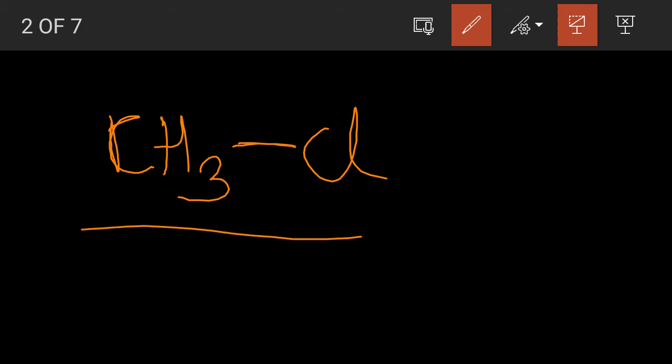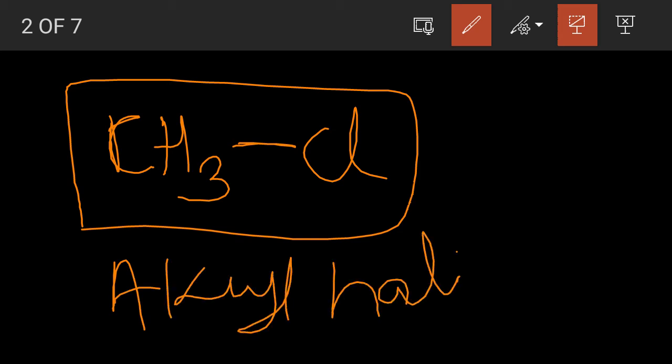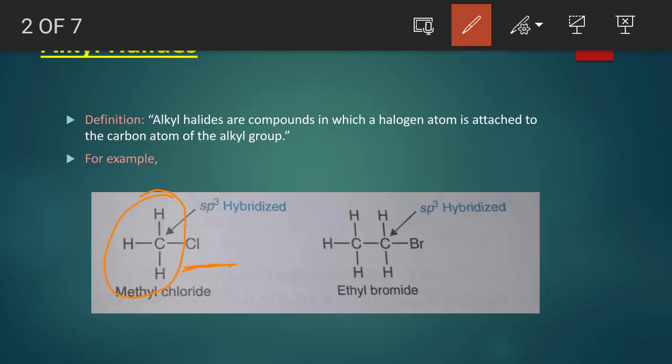Then this compound is called an alkyl halide. Look here, the methyl group is attached to the chlorine atom. That's why the name of this compound is methyl chloride. It is an example of alkyl halides. And here the ethyl group is attached to the bromine atom, and ethyl bromide is formed.